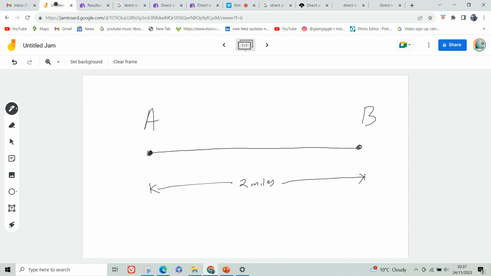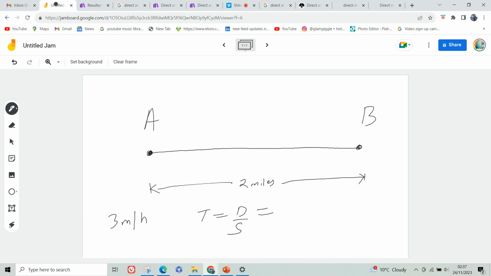Now if you are traveling or walking at 3 miles per hour, then your time will be what? Time equals distance over speed.